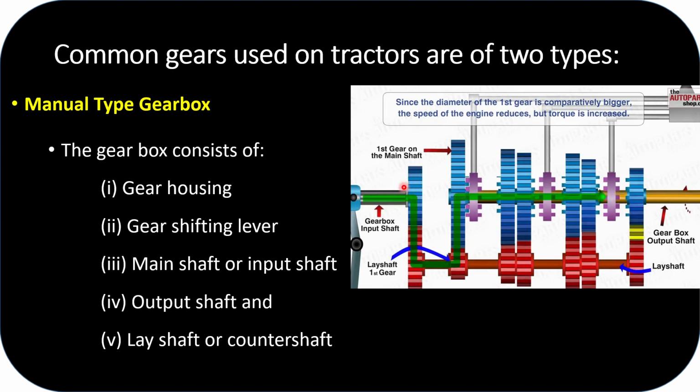One more thing: the direction. If the input shaft is clockwise, the lay shaft will be anti-clockwise, and the output shaft will be clockwise. So this is how the direction is fixed. These are the important parts of a manual gearbox.